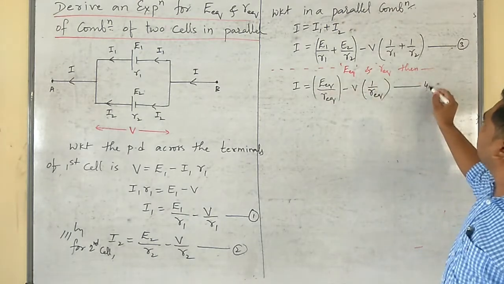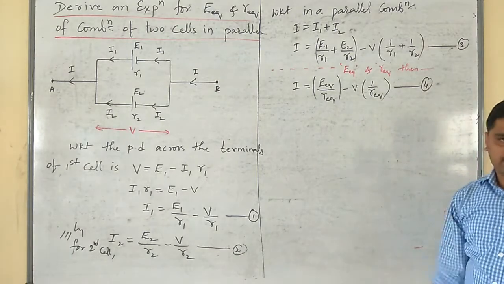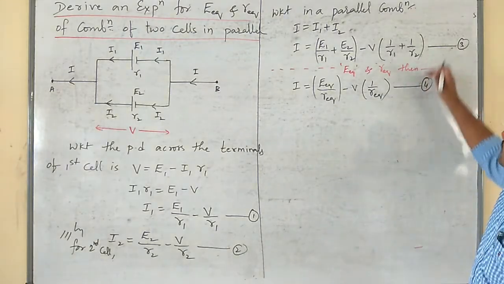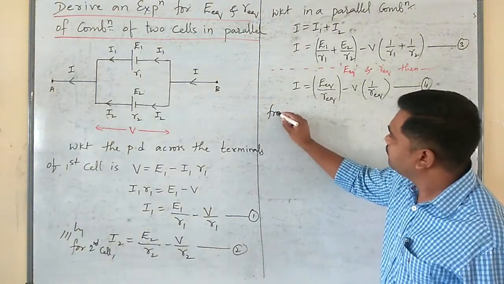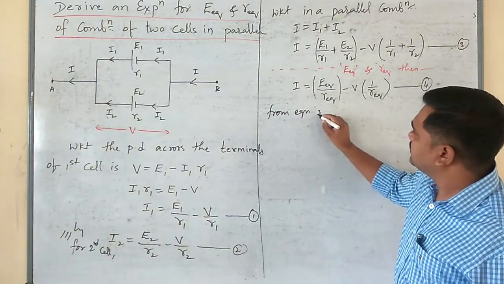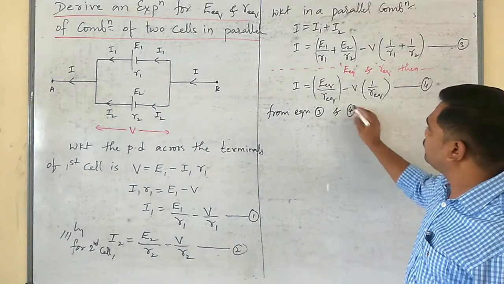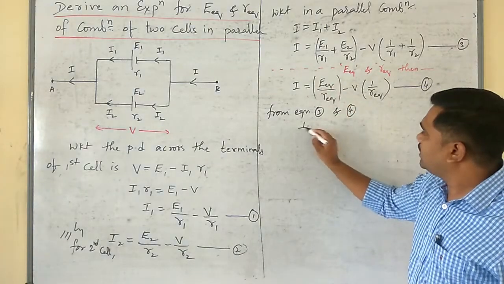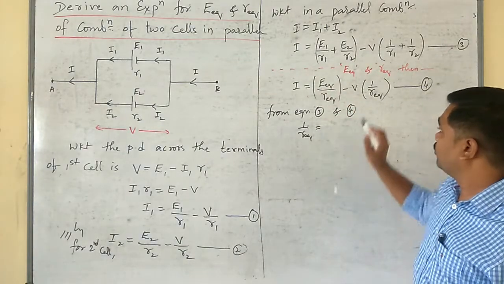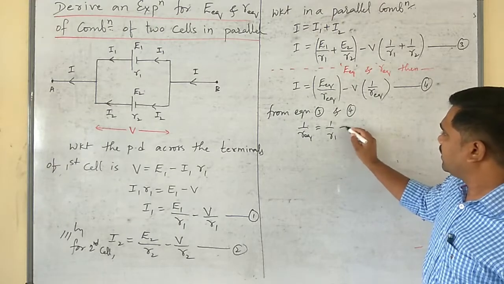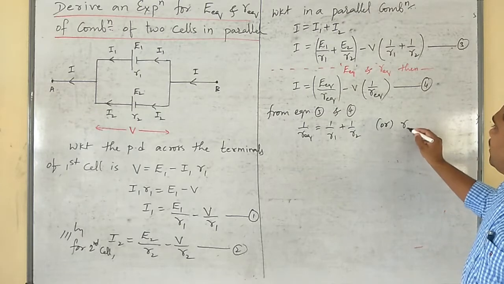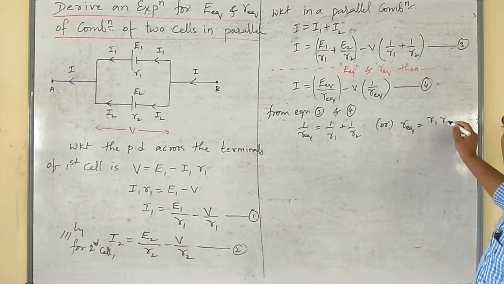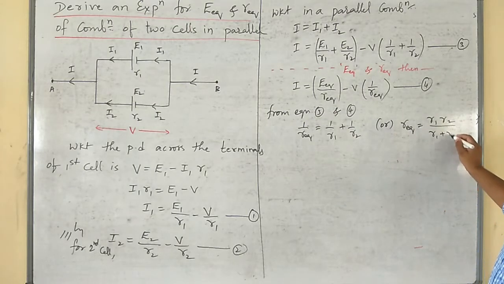This is equation number 4. Compare equations 3 and 4. We can write 1 by R equivalent is equal to 1 by R1 plus 1 by R2. Otherwise, simply R equivalent is equal to R1 R2 divided by R1 plus R2.